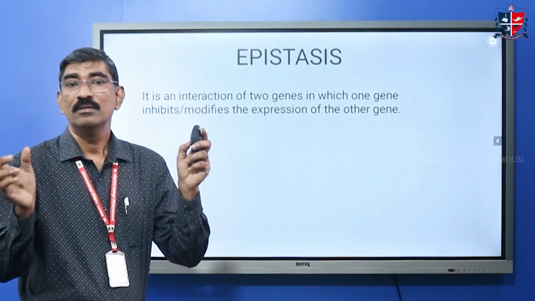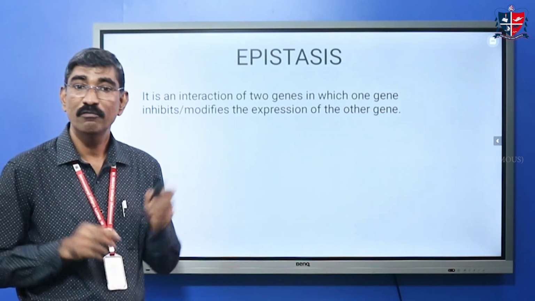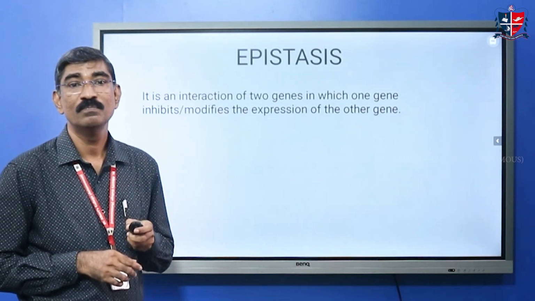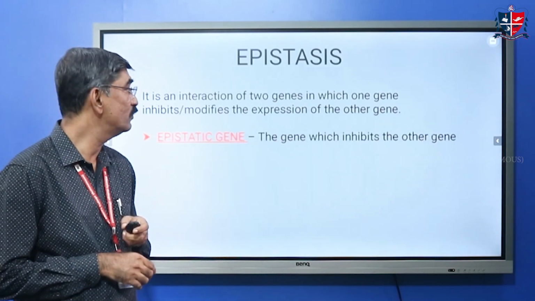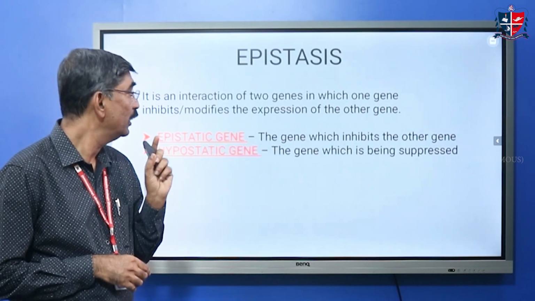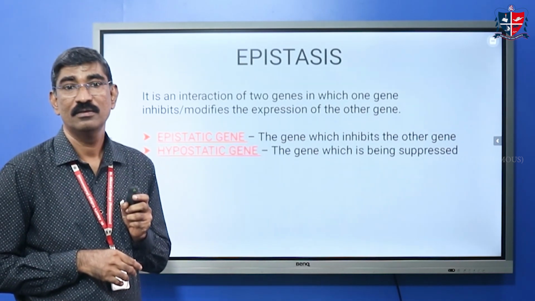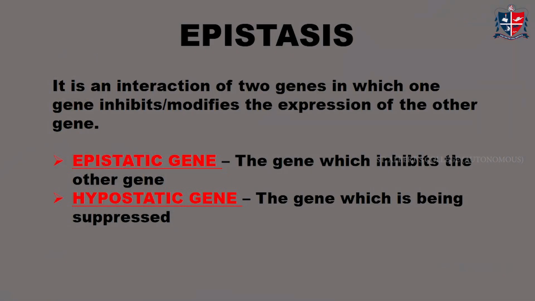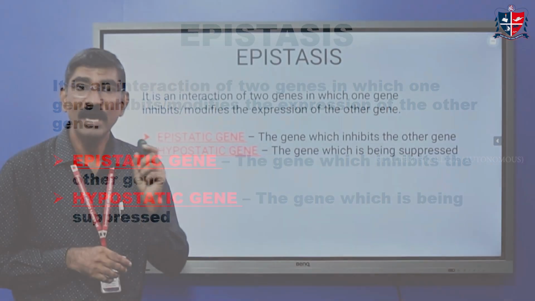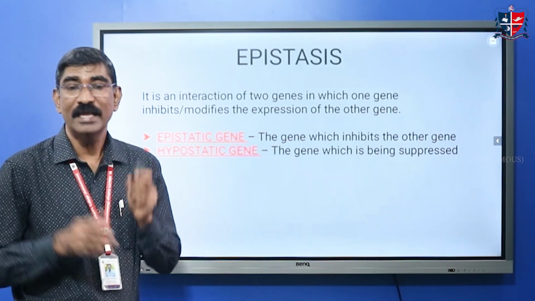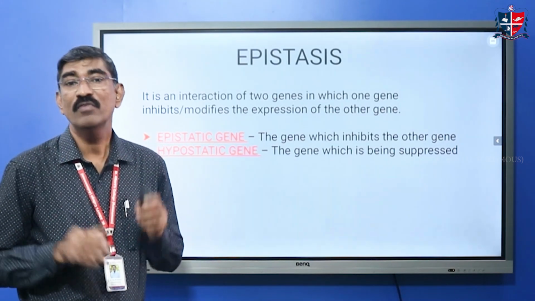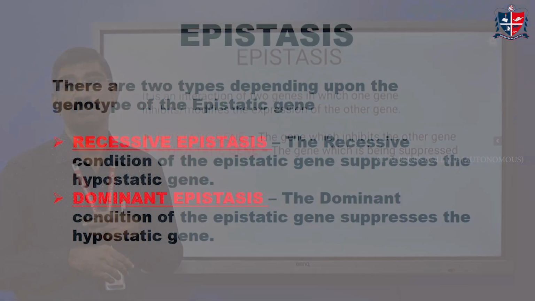These two genes have their own functions, and one gene is known as the epistatic gene. That gene will inhibit or modify the expression of the other gene, whereas the hypostatic gene is the gene which is being suppressed.